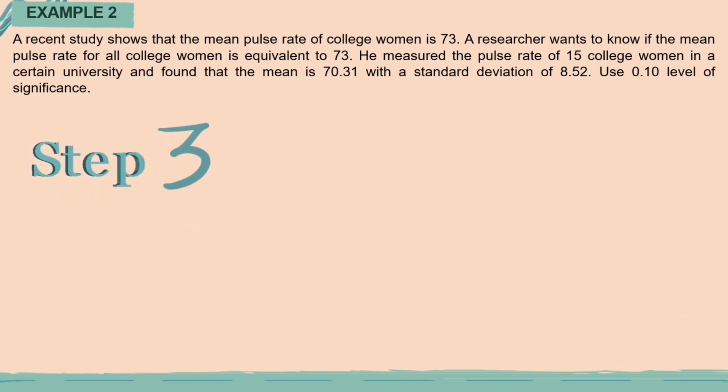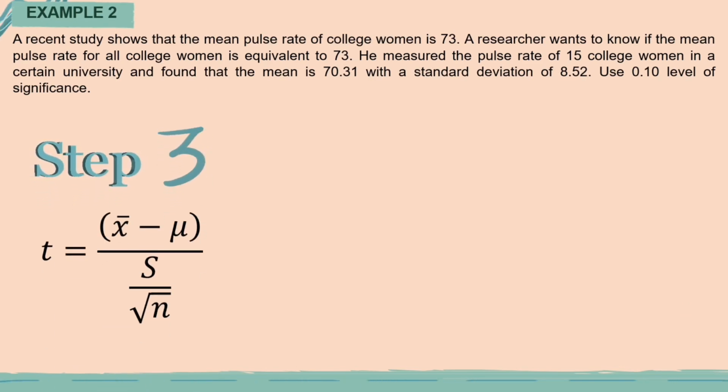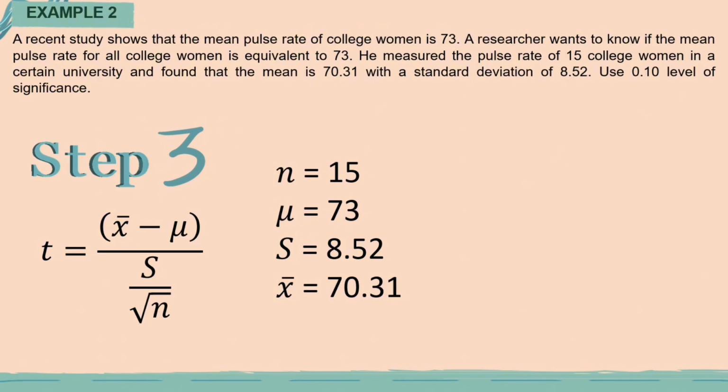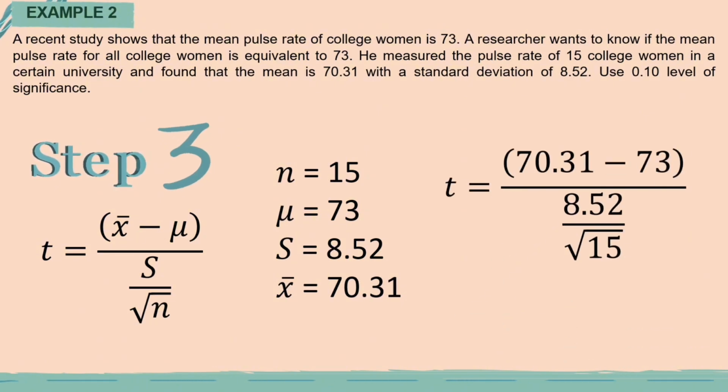Step 3. Using this formula, let us substitute the given. t equals 70.31 minus 73 over 8.52 divided by square root of 15. t equals negative 1.22.